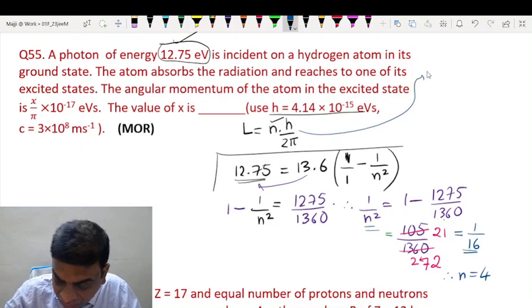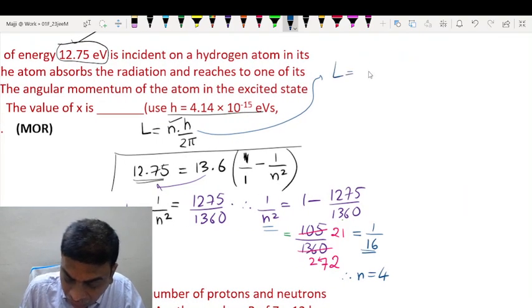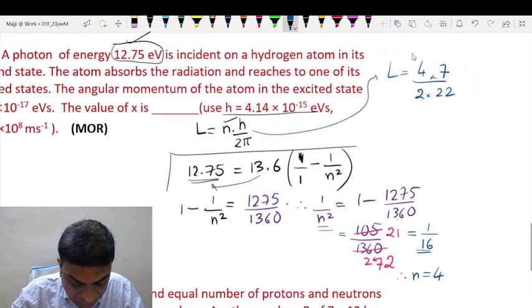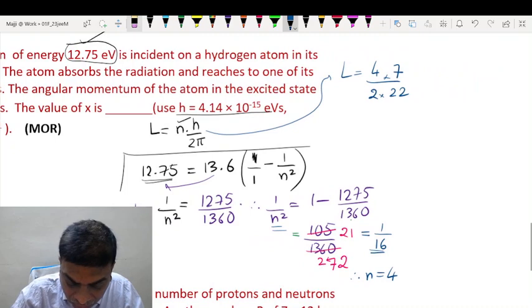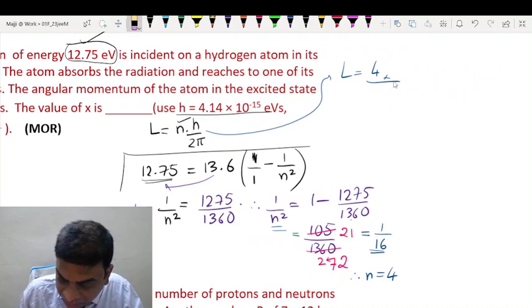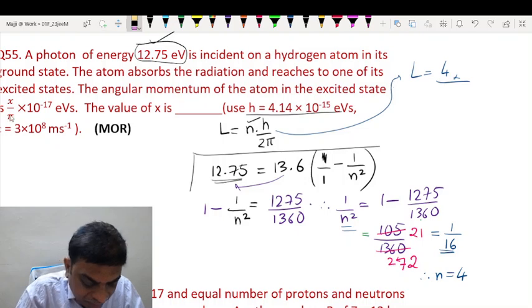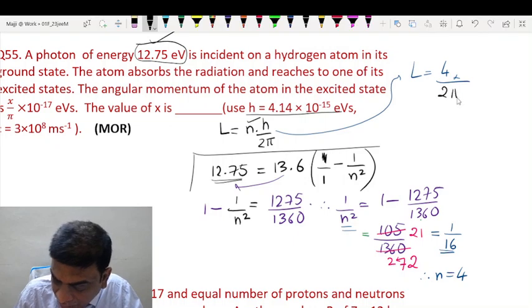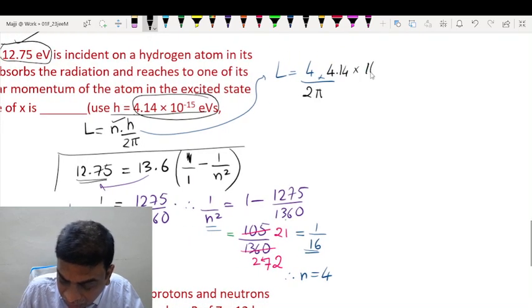So the required angular momentum will be 4 upon 2 into pi. We can keep pi as it is, because the answer is already in terms of pi, so don't put the value of pi here. So 2 pi into h in electron volt second, it is 4.14 into 10 to the power minus 15 electron volt second.